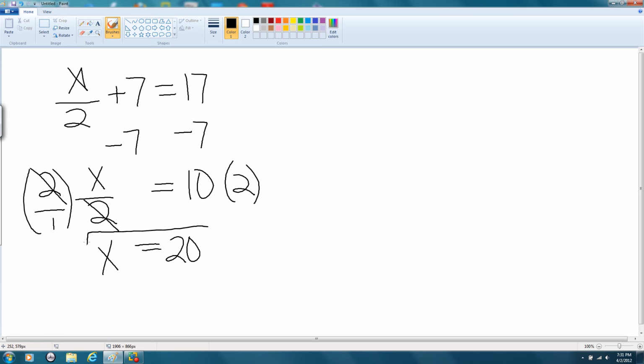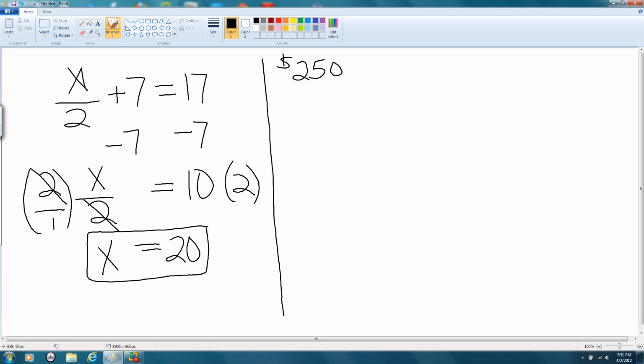So there's another example. Now, on this one, I'm not going to write out this word problem, but I want to give you a little example of how we generate equations like this, that they might represent something in real life. So let's say I have $250 in a savings account, okay? And I'm buying something where I need, let's say, $360.